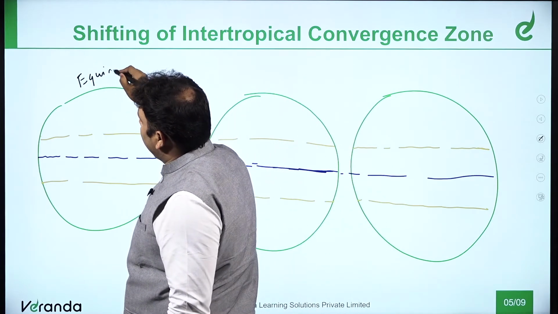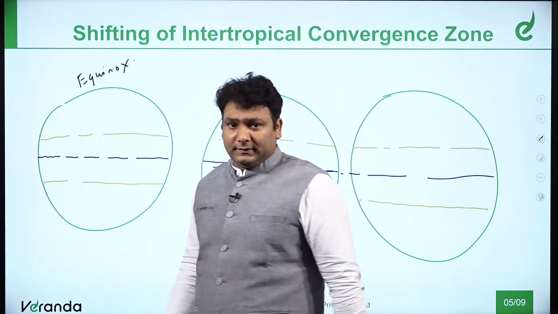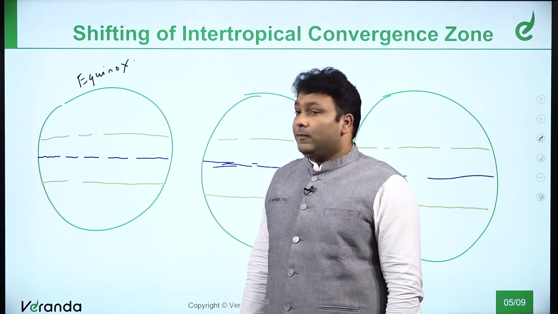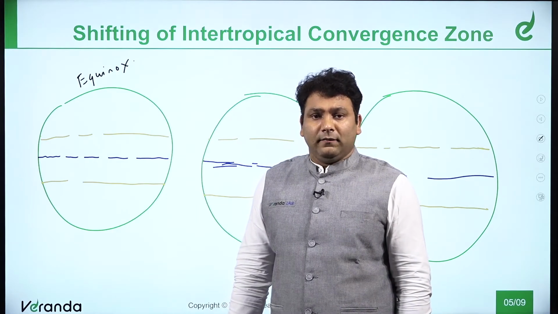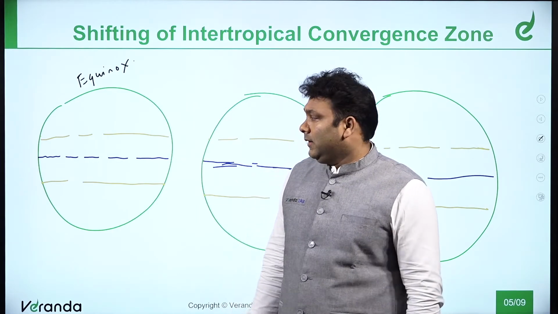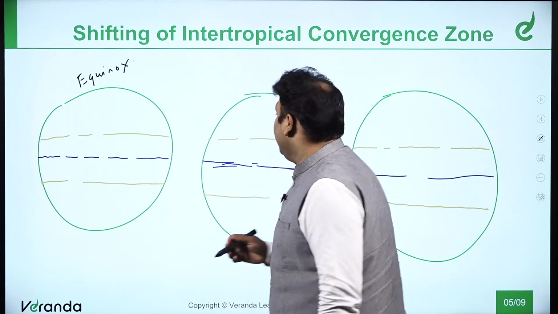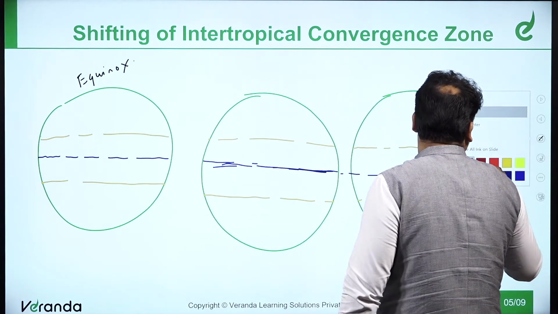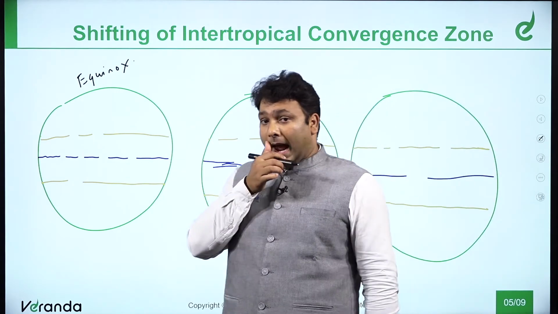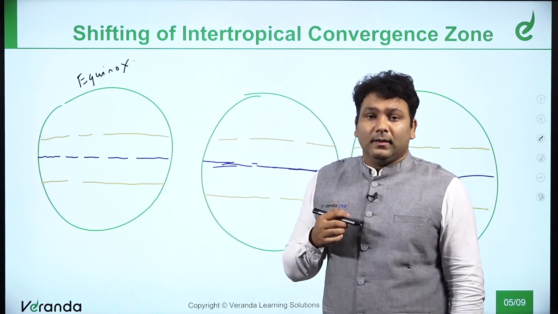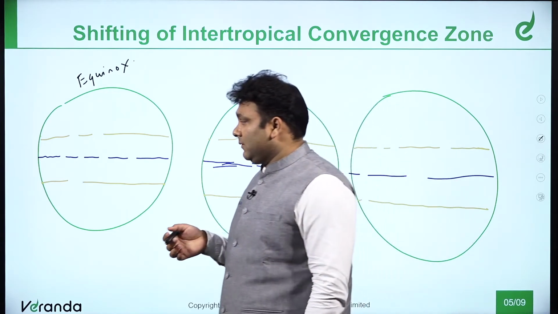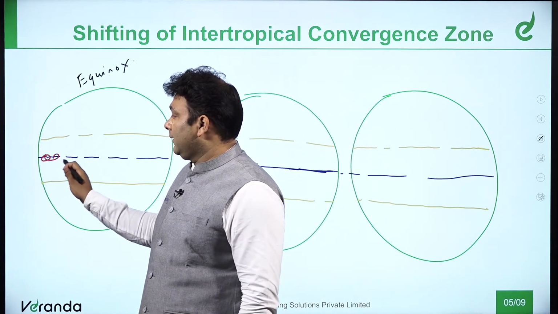This is the equinox. So this happens in the month of March and in the month of September. So the sun is over the equator here. When the sun is over the equator, the ITCZ, the low pressure zone, is also on the equator.